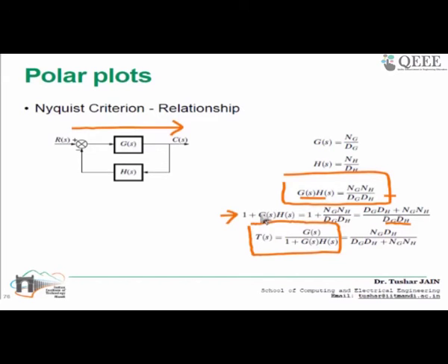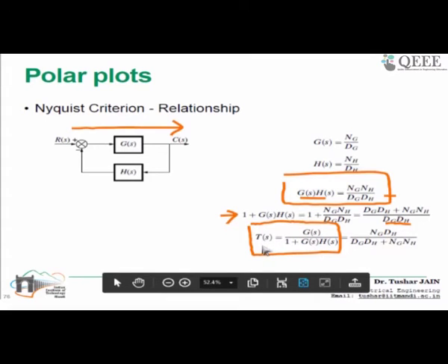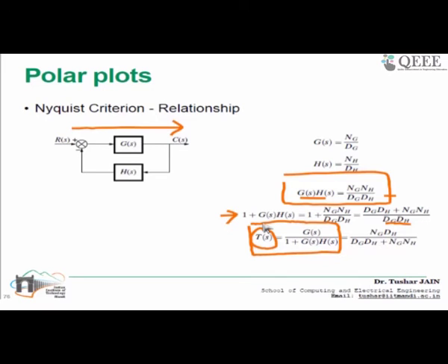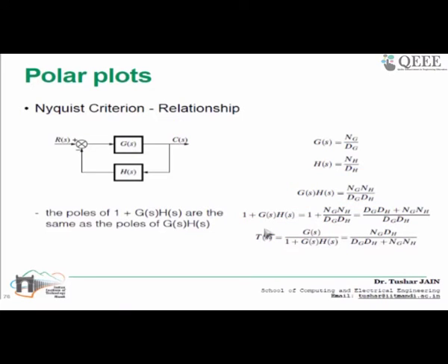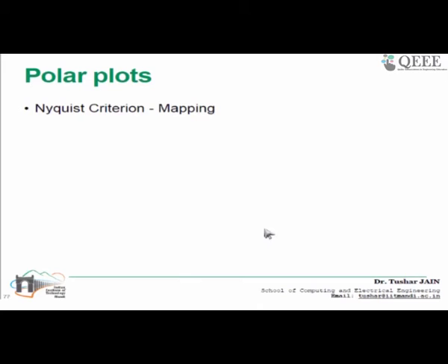And the zeros of 1 plus G(s)H(s) are basically the poles of T(s), which is our closed loop system. So we are going to see the relationship, how we can plot the Nyquist criteria using G(s)H(s) and 1 plus G(s)H(s), and on the basis of this, what type of stability condition we can derive from it. The poles of GH, the same thing.